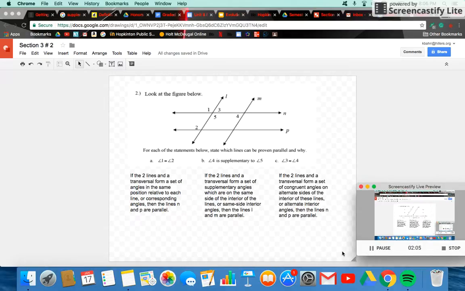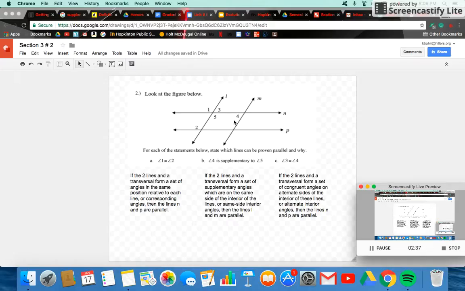All right, finally for part C, I have if the two lines and a transversal form a set of congruent angles on alternate sides of the interior of these lines, or alternate interior angles, then the lines N and P are parallel. So this is the converse of the alternate interior angles theorem, because we know that angles 3 and 4 are congruent.